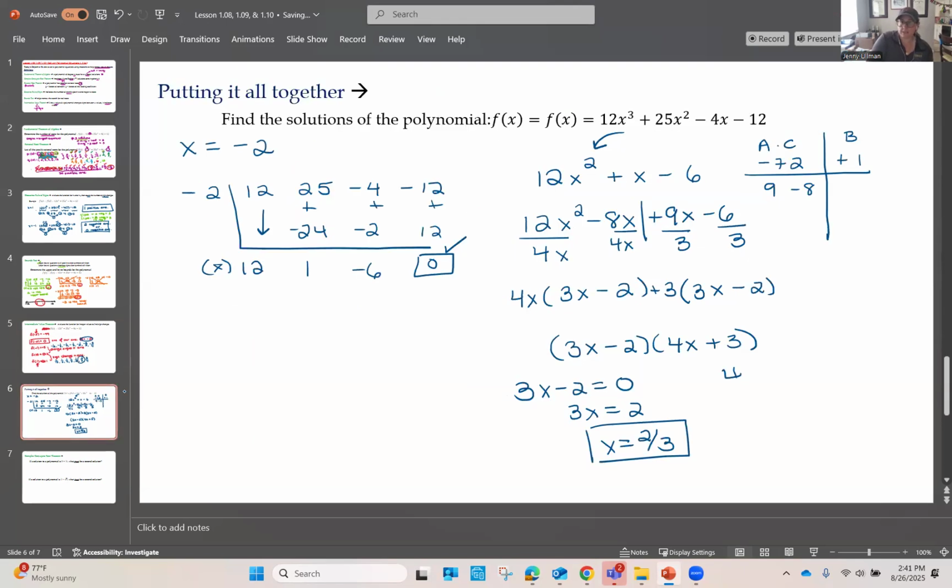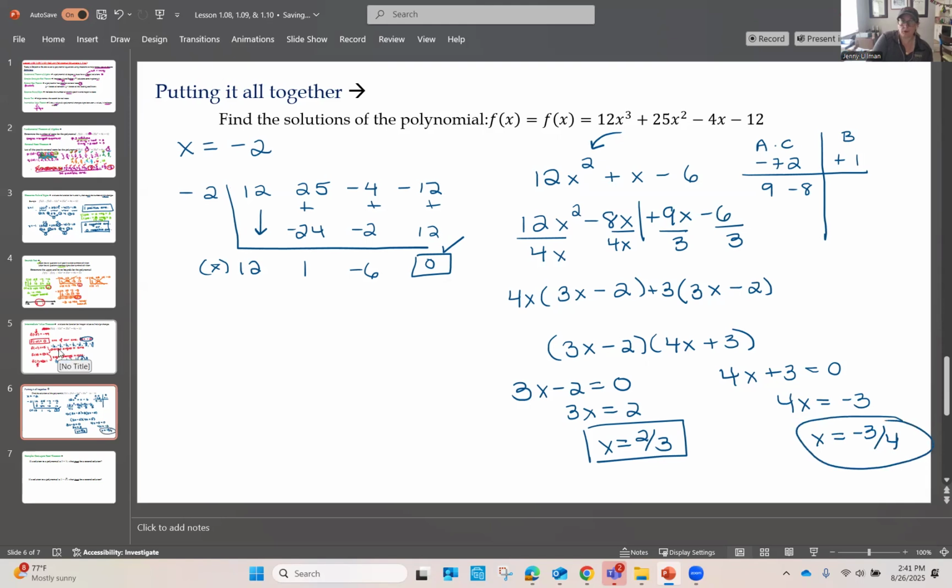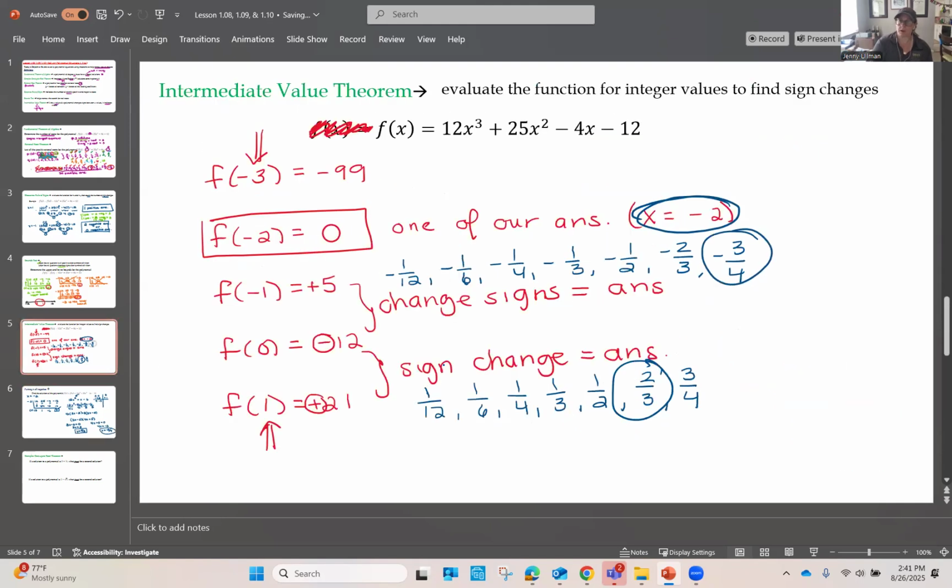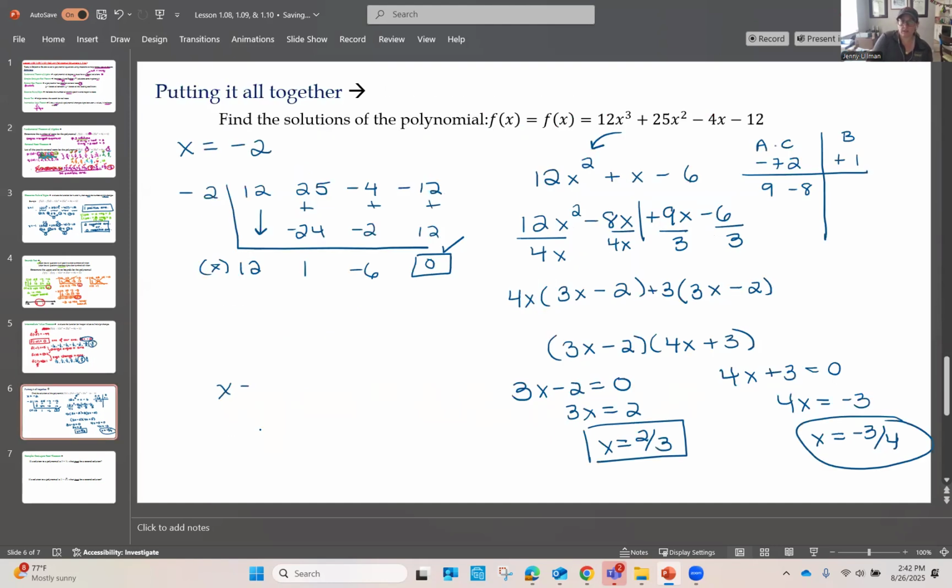And then I get negative 3/4, also on my list. So my final solutions would be negative 2, 2/3, and negative 3/4. 1 positive, 2 negatives, just like we said, all that fall between negative 3 and positive 1.